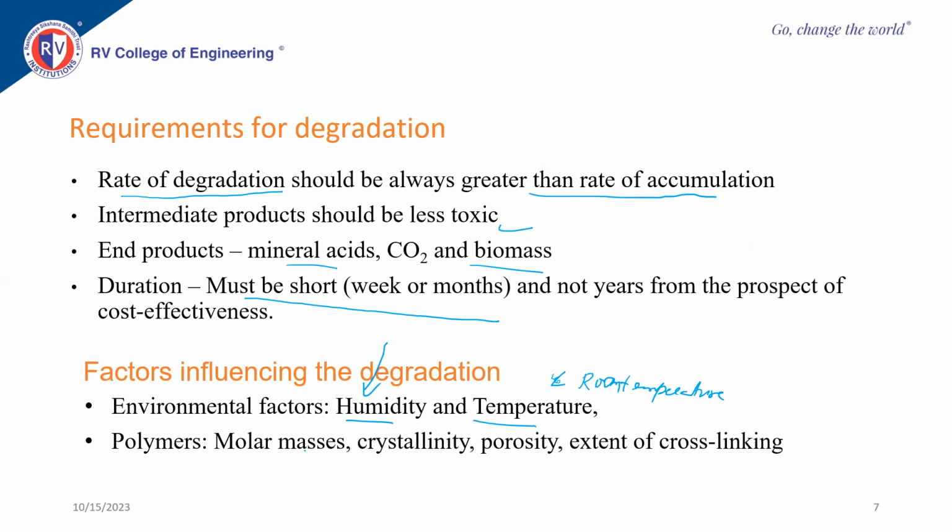Molar masses: the factors associated with the polymers. In general, understand that if the extent of cross-linking is too high, degradation becomes difficult. Assume that you have a simple linear chain. Easily, enzymes can cleave this molecule's principal chain.